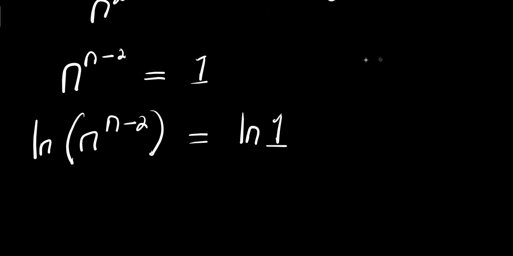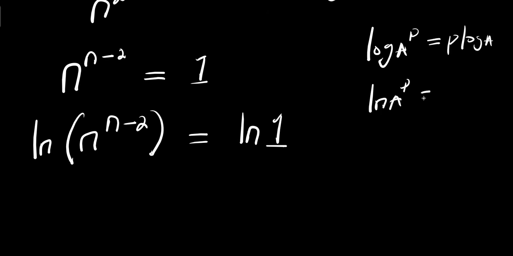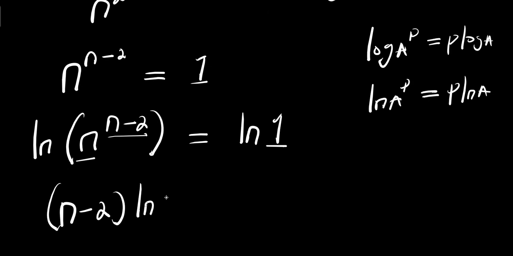Also, if you consider this property of logarithm, log a power b equals b times log a, that means natural log a power b is b times natural log a. So natural log n power n minus 2 is the same thing as n minus 2 times natural log n. And this equals natural log 1.